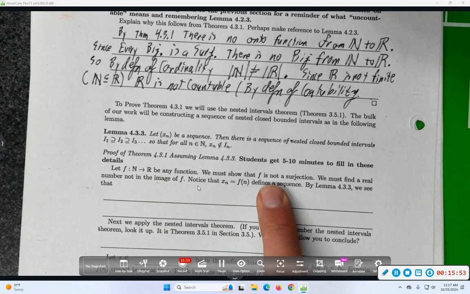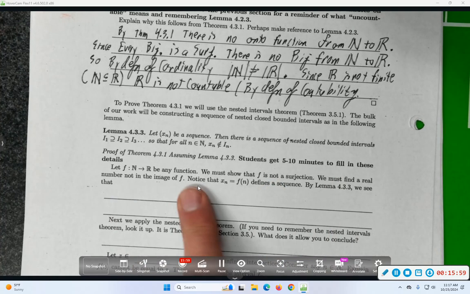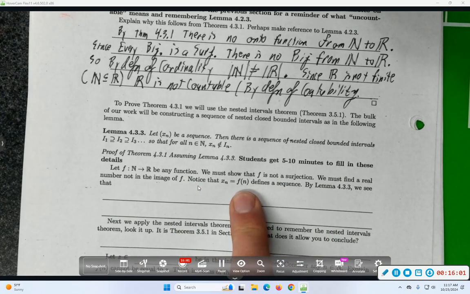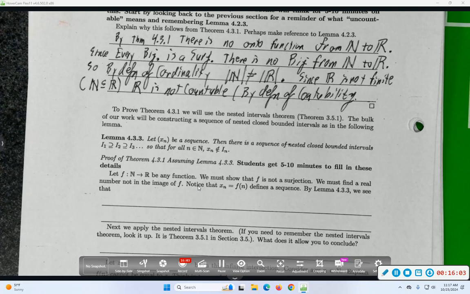If you can show that function is not a surjection, then you've just shown that every function isn't a surjection, so there is none. So we need to find a real number not in the image of f. x_n equal to f(n) defines a sequence. Use lemma 4.3.3 and go from there. So I'll let you talk amongst each other. I want like 5 or 10 minutes, and I'll pace around.